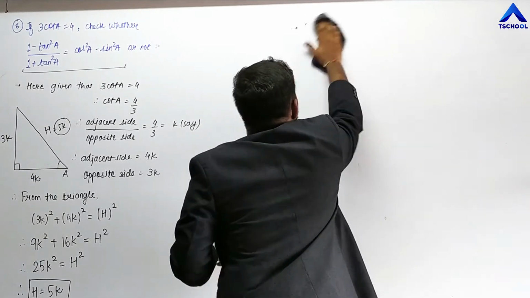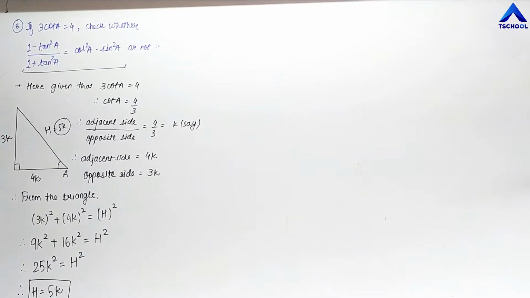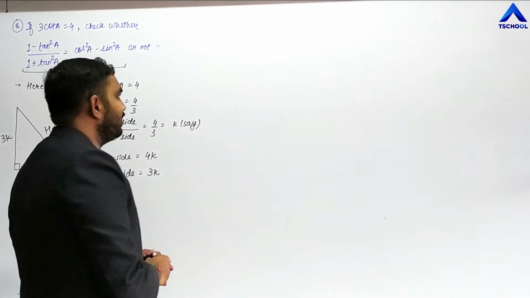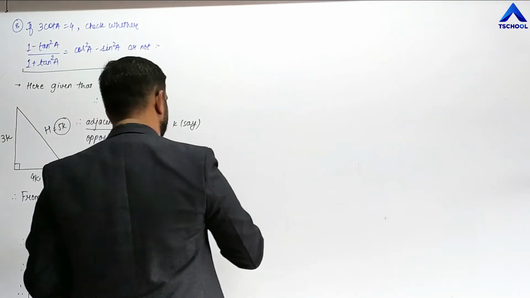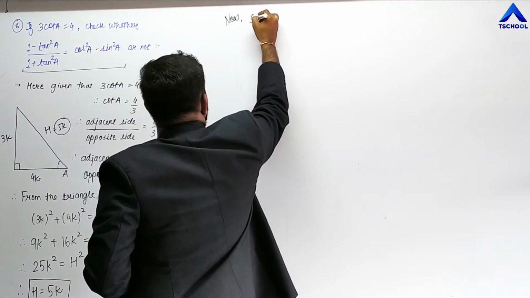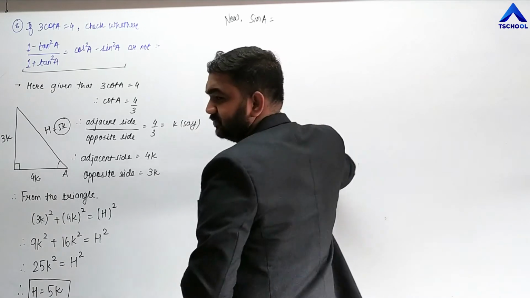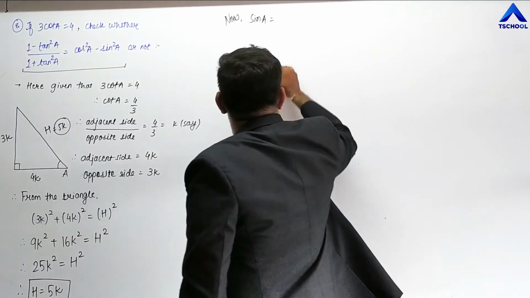Now let us see further. Coming back to the sum here. So we got the hypotenuse here, friends, as 5k. We are having the remaining two sides. So let us find out the ratios. Now, let us first of all find out sine A. So sine A, that is opposite side upon hypotenuse.